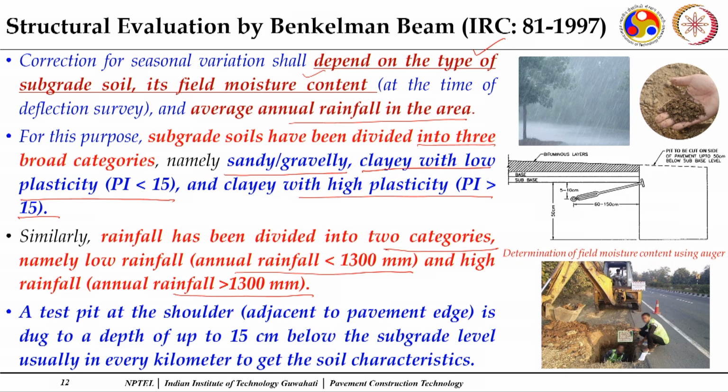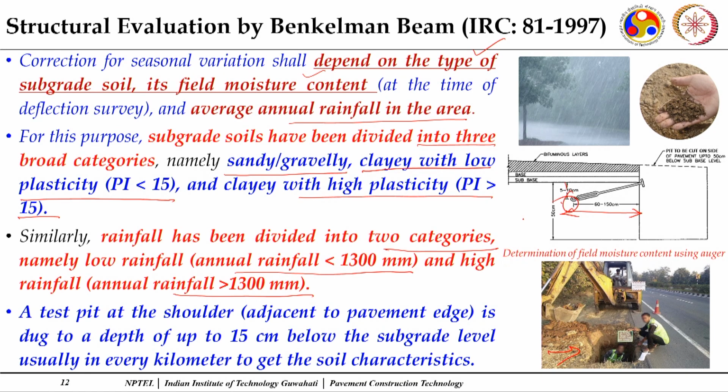So, you need to obtain the soil sample. A test pit needs to be dug near the pavement edge. You can see this is a test pit, and the soil has to be taken out from a depth of around 5 to 10 centimeters in the subgrade, depending upon where we go for measurement. It is usually in the range of 60 to 150 centimeters.